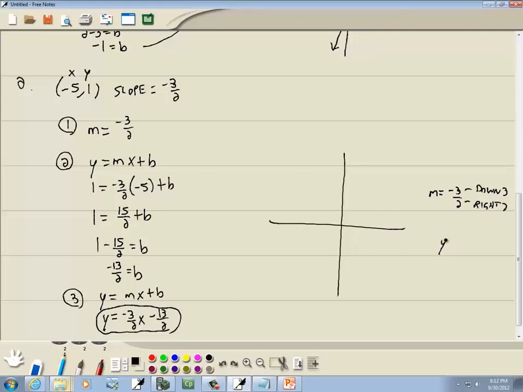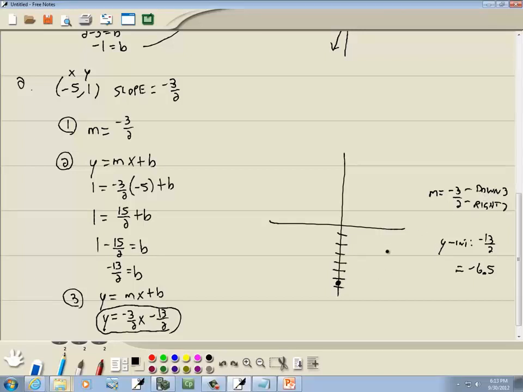Now, our y-intercept is negative 13 halves. Well, if I put that in the calculator, that would give us negative 6.5, however you want to think of it. Let's see, 1, 2, 3, 4, 5, 6, 7. So negative 6.5 would go, put a point there.